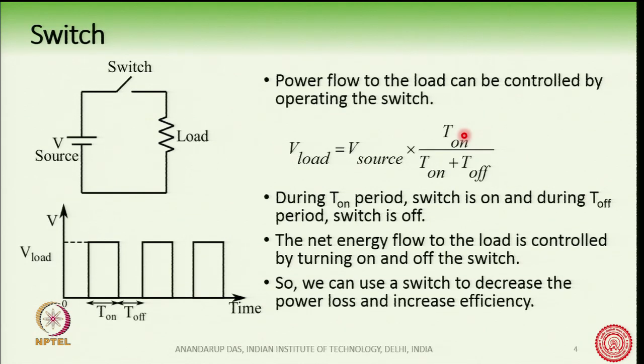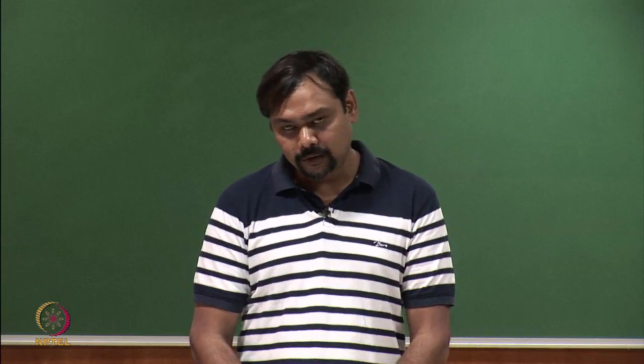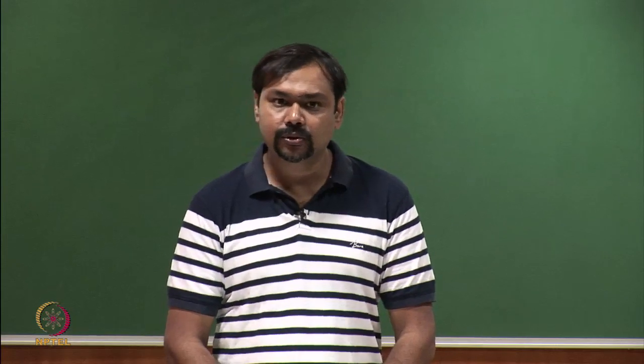T on plus T off time is sometimes called the switching period. So, we can change the magnitude of the load voltage. So, we can use a switch to decrease the losses and increase the efficiency of power conversion from the source to the load.